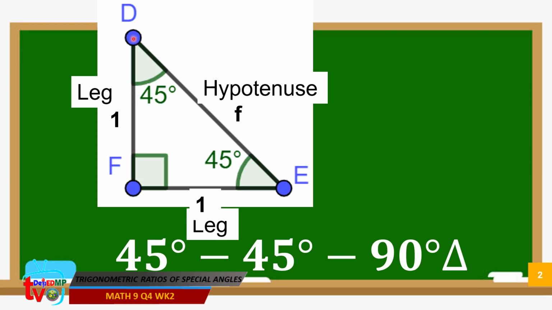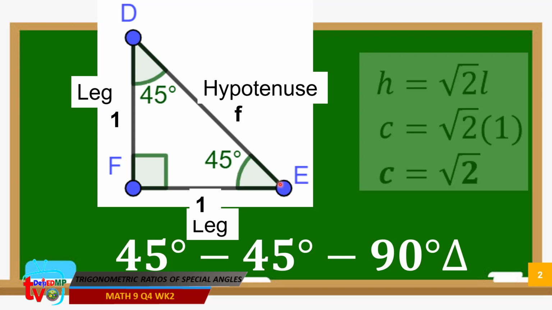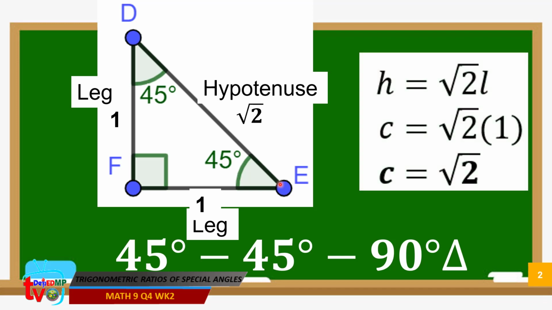Now, what is the length of line segment DE, which is our hypotenuse? Wonderful! Our hypotenuse is square root of 2 units long because the hypotenuse is equal to square root of 2 times any of the legs. And since the leg is equal to 1, square root of 2 times 1 is simply square root of 2.